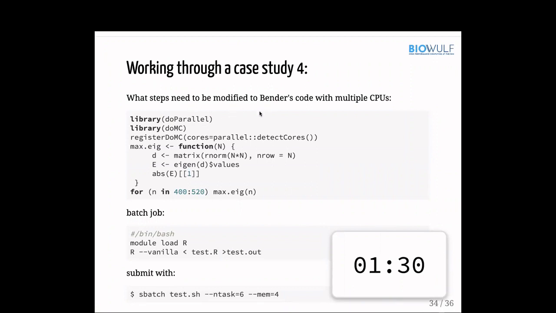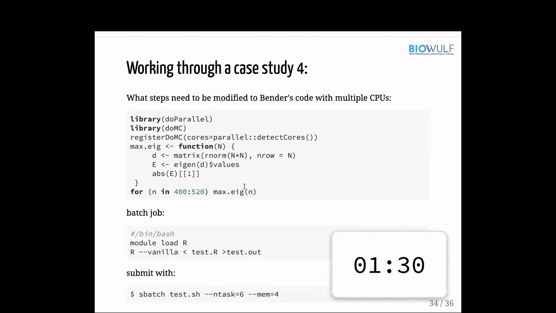So case study 4 is where a user has some code that already uses multiple CPUs. It will use doParallel and load doMC, and then you register by making a cluster with available cores. The function tries to calculate the max eigenvector of a matrix, and then it will call the function from 400 to 500.